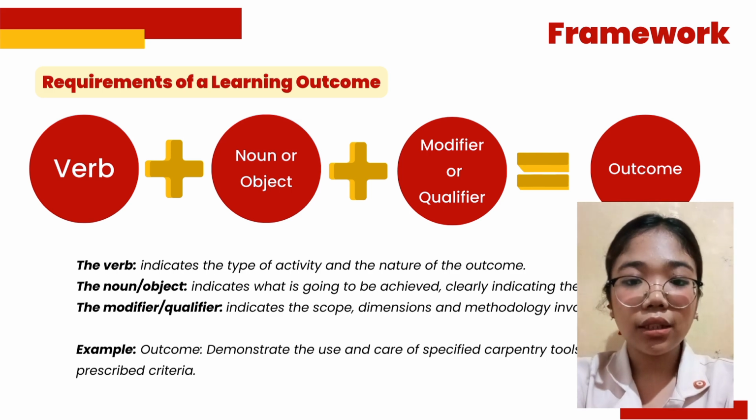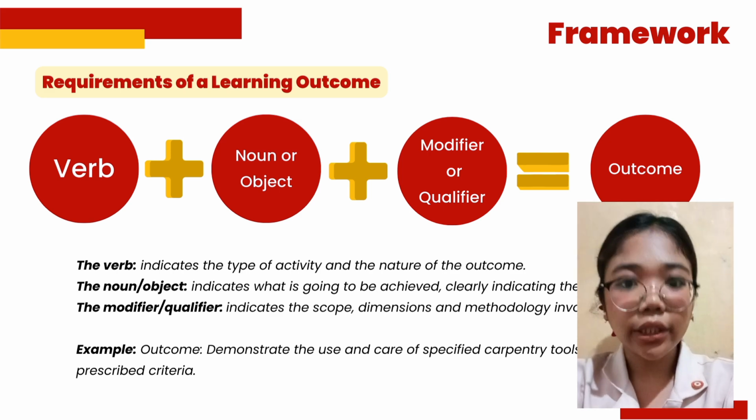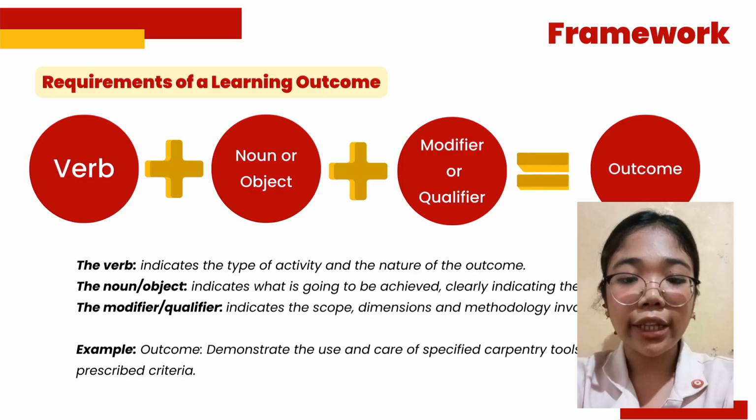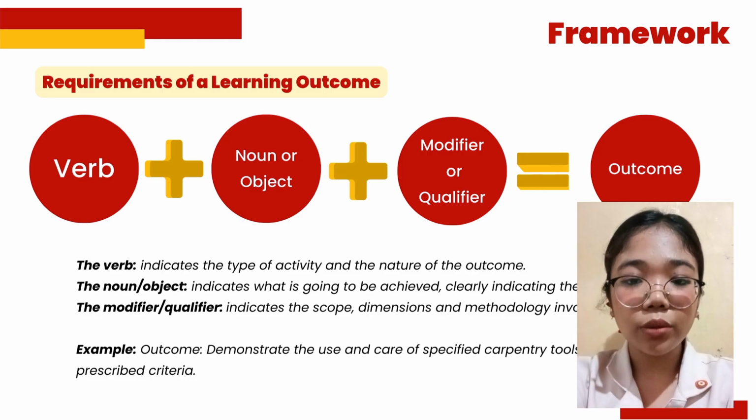So let's now move forward onto the next slide, which is the requirements of a learning outcome. It stands as a framework or a standard for writing a learning outcome. It starts with the verb, as you can see here, which indicates the type of activity or the action word, plus the noun or the object, which is the goal, or the content or the issue that should be addressed in the training program.